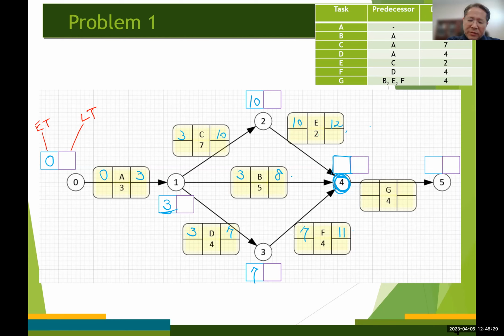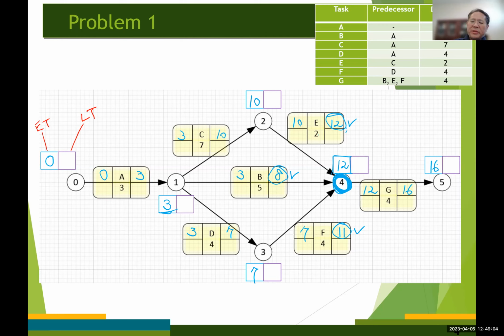So we are going to choose the maximum value among these 3: 12, 8, and 11. So it's going to be 12. And then the earliest finish time for activity G is going to be 12 plus 4, which is 16.